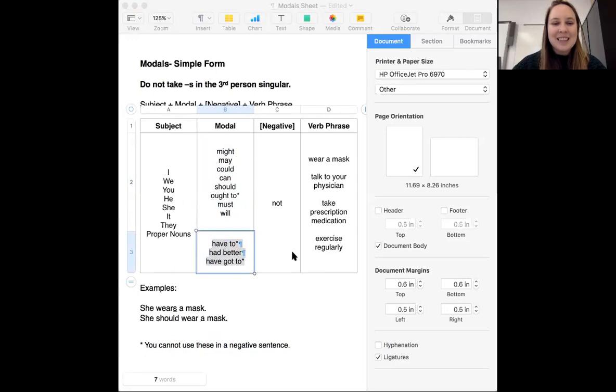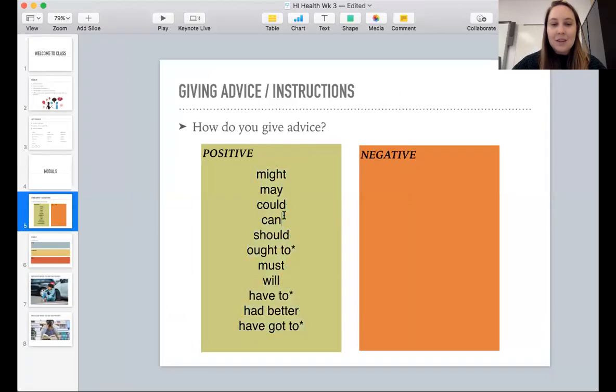All right, if we take a look at our PowerPoint again, here we see these are the positive forms of those words. So if someone may do something or might do something, that's the positive form. So what would be the negative form? What would be the negative form?